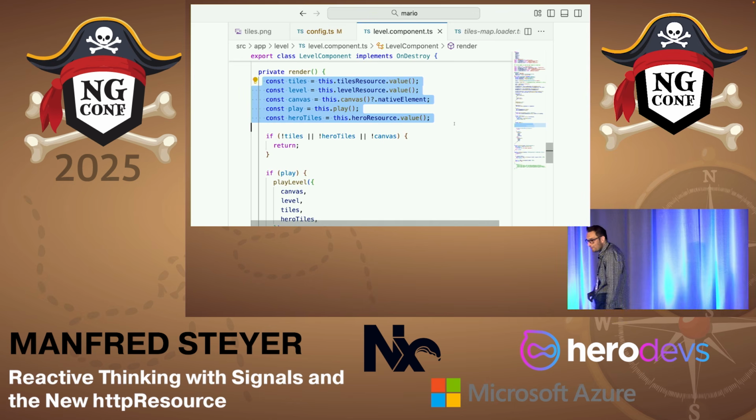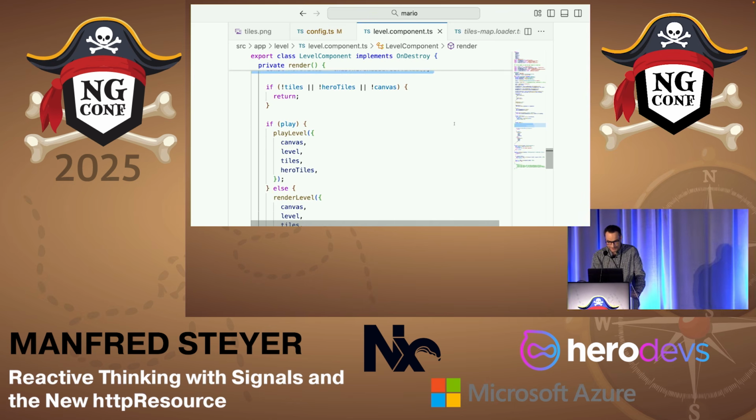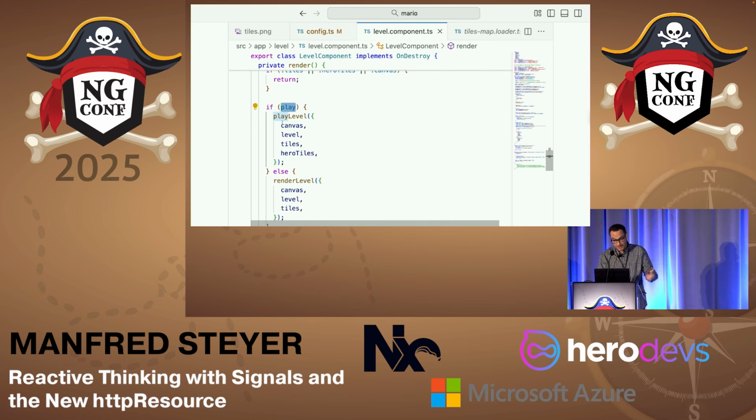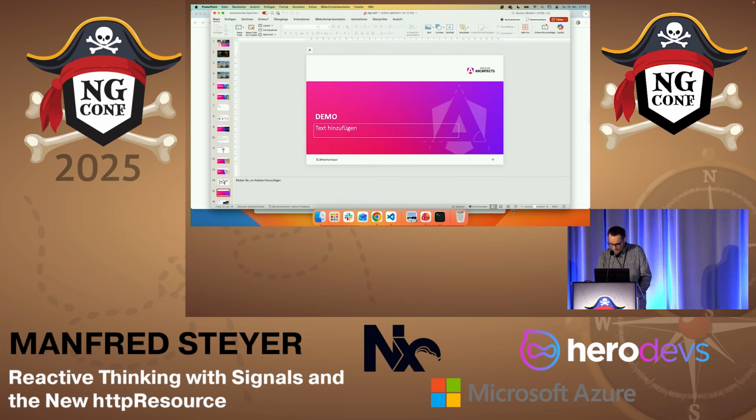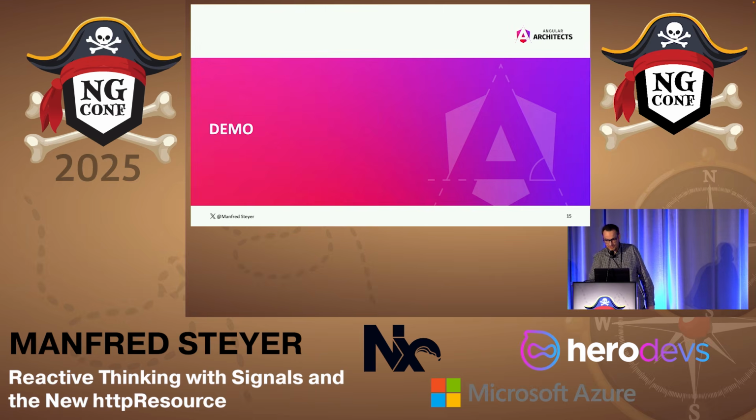So this is what an effect is doing, isn't it? And then I'm checking whether we are in play mode, and I tell my game engine, hey, start the game. Or when we are not in play mode, I'm telling my game engine that we just want to render the level. And that's it. So we have a beautiful graph here, a beautiful signal graph.